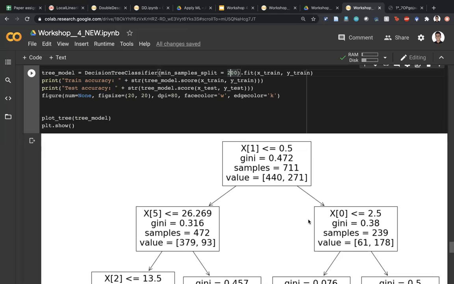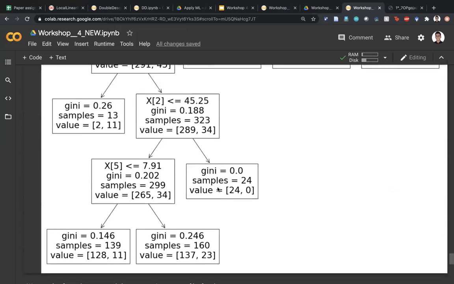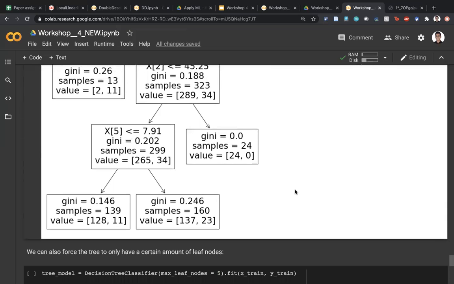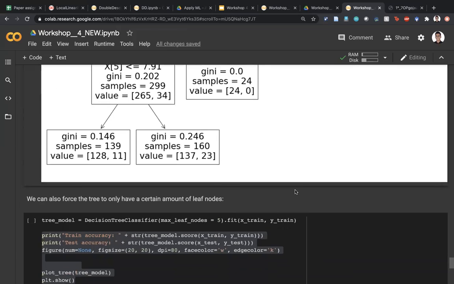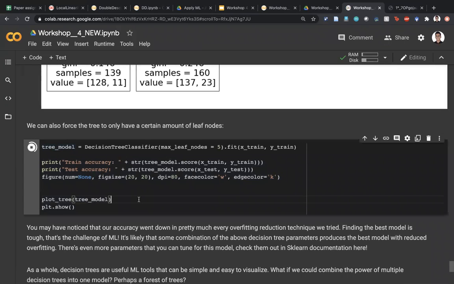Cool. So Cameron was asking about what is max leaf nodes, and that's what we're going into right now. We force the tree to only have a certain amount of leaf nodes, and that's exactly what this chunk of code does. If we run that, we should be able to see.